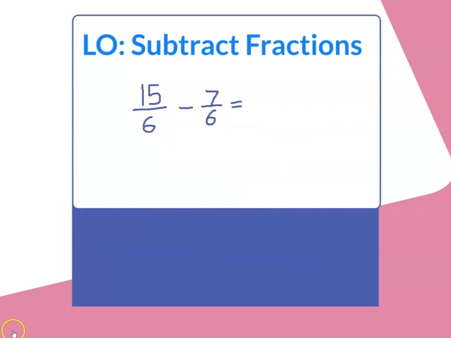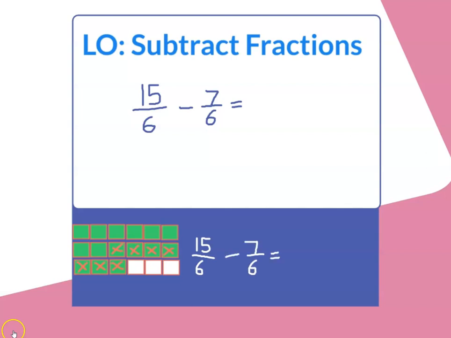Are you ready to have another go at home? 15/6 take away 7/6. I want you to draw up the bar models to show this calculation and then complete the number sentence. Pause the video now while you have a go. There's 15/6 represented on a bar model. Now let's subtract 7/6.